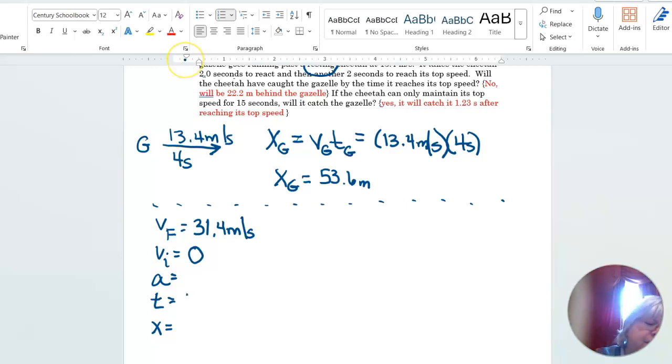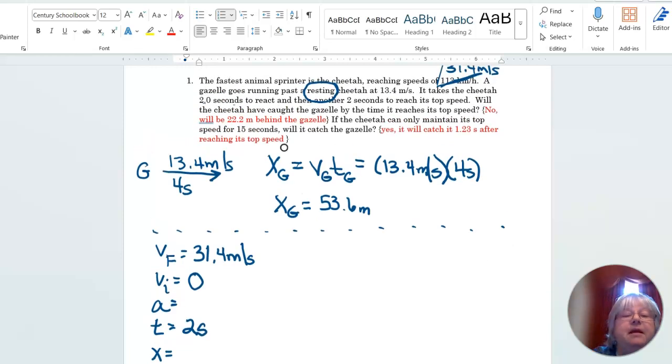I also know that it takes me 2 seconds to reach that top speed. Why is it 2 seconds here and not 4 that I saw with the gazelle? That's because, as we said, the cheetah is going to take 2 seconds to react. So the cheetah is only running for 2 seconds, not the full 4 that the gazelle is running. Okay.